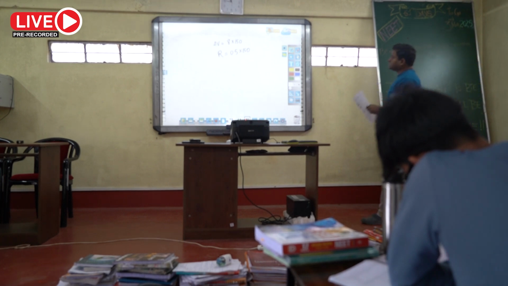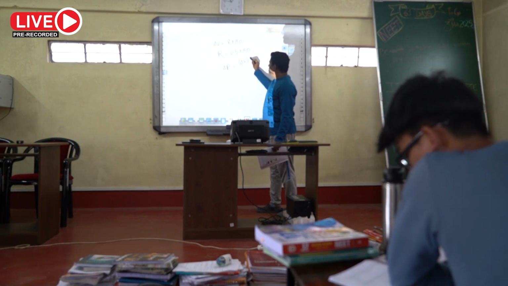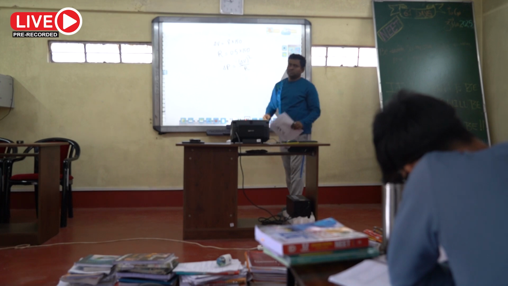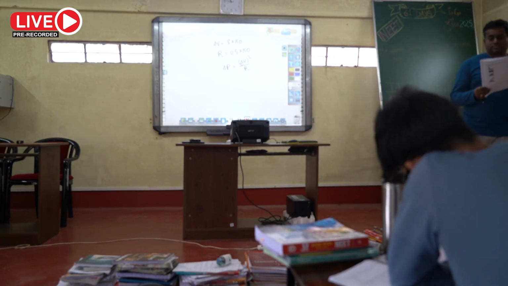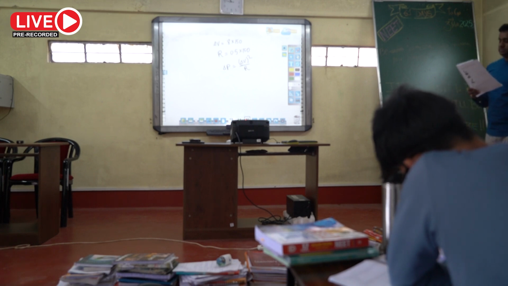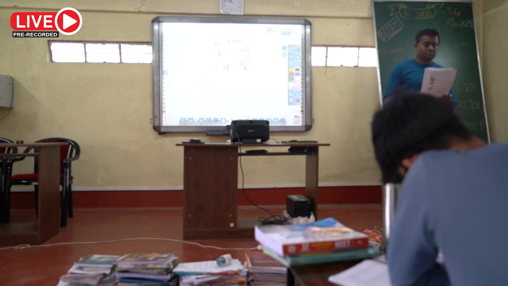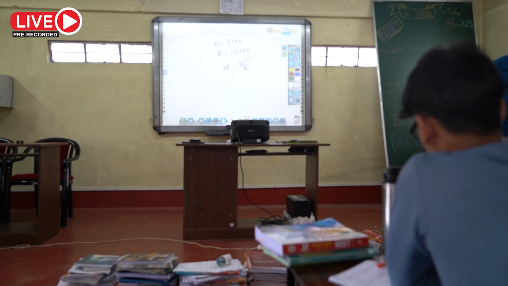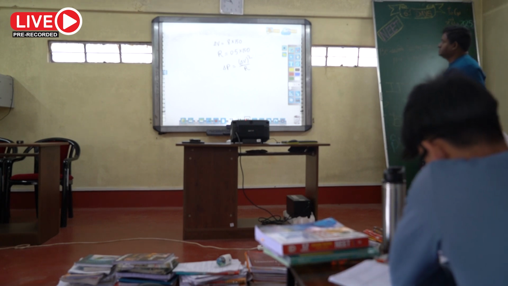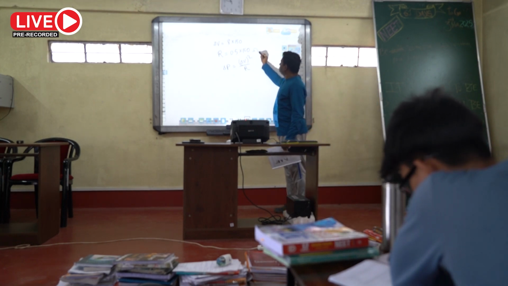Then loss in power, delta P equal to delta V whole square by R. Calculate. This is in ohm, this is in volt.